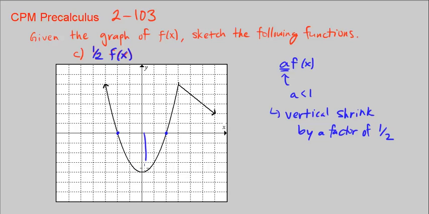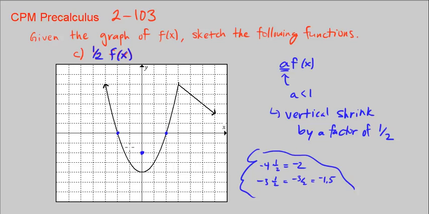If we multiply -4 times 1/2, so let's just have a box of work here. -4 times 1/2 we know is going to be -2. So this point is now at -2, right? -3 times 1/2 is just equal to -3/2 or -1.5. Okay, so this one moves to here. This -3 also moves to 1.5.